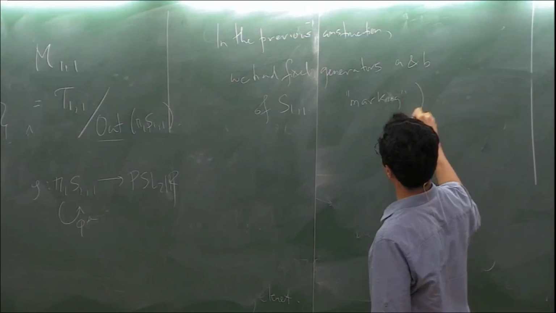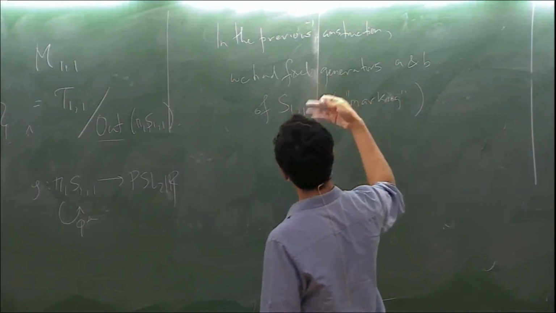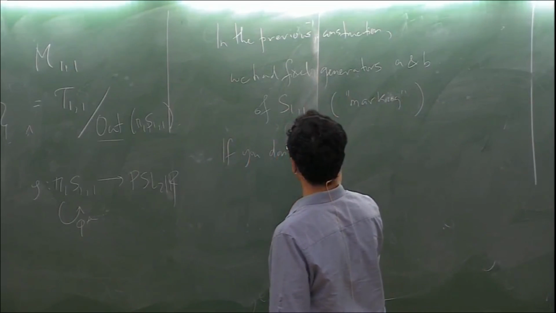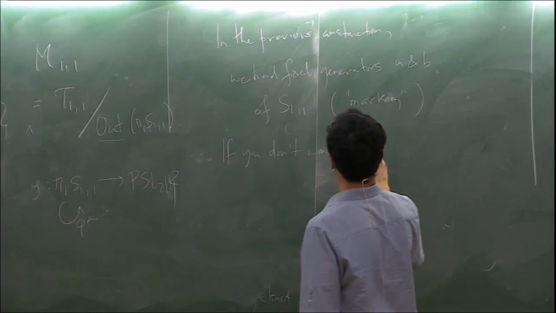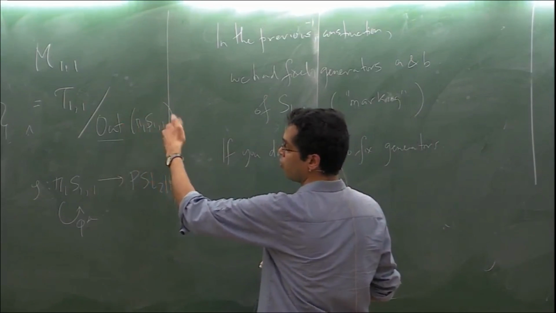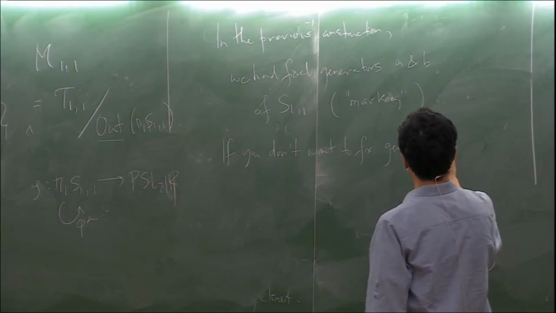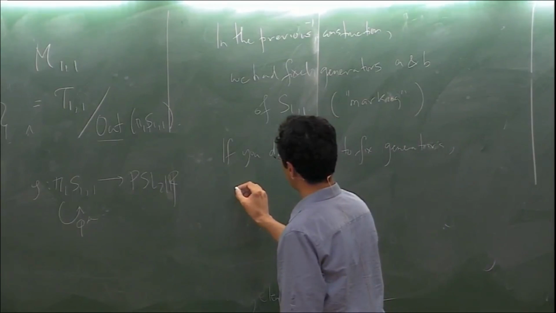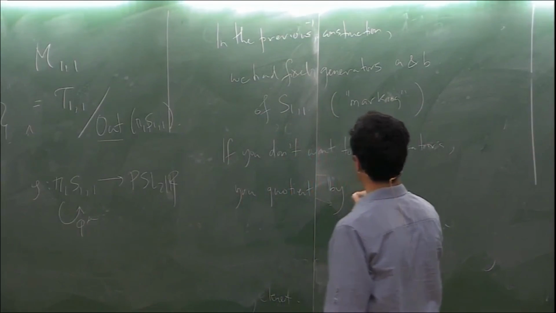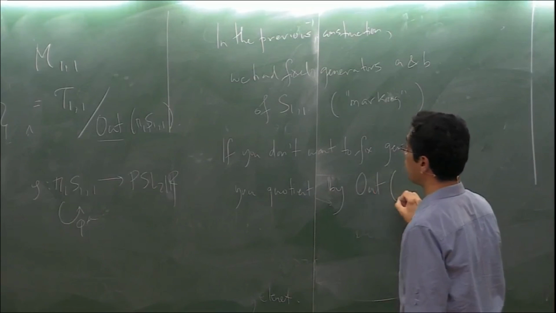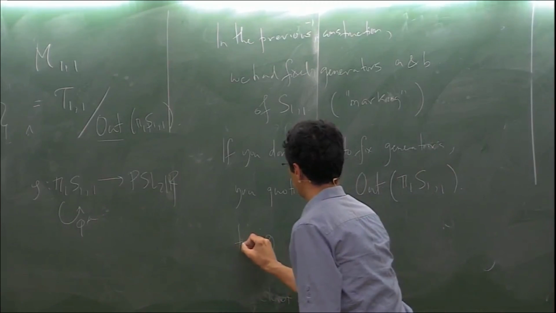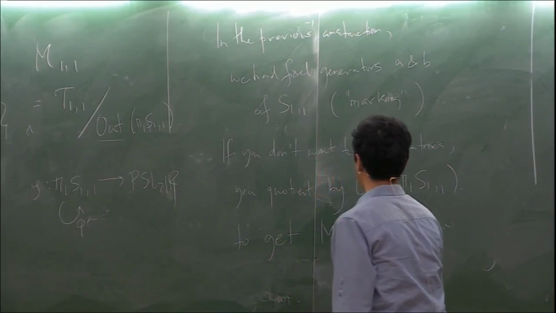If you don't want to fix these generators, this amounts to quotienting by the outer automorphisms of the fundamental group, and this gives you moduli space, the moduli space of once-punctured tori.